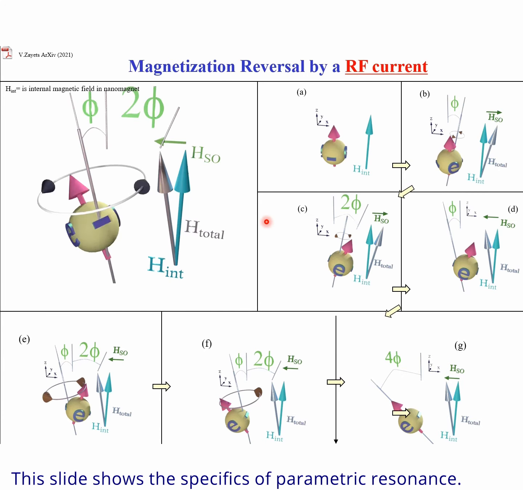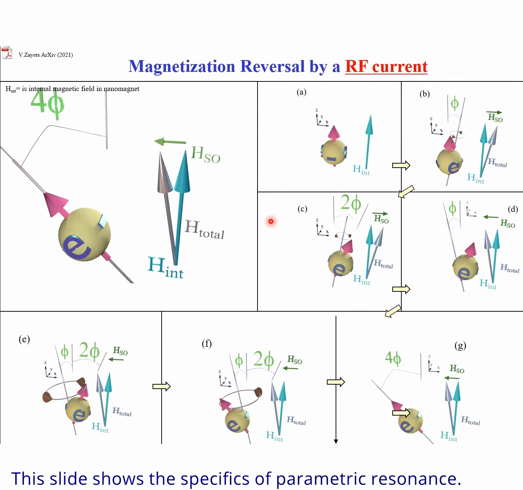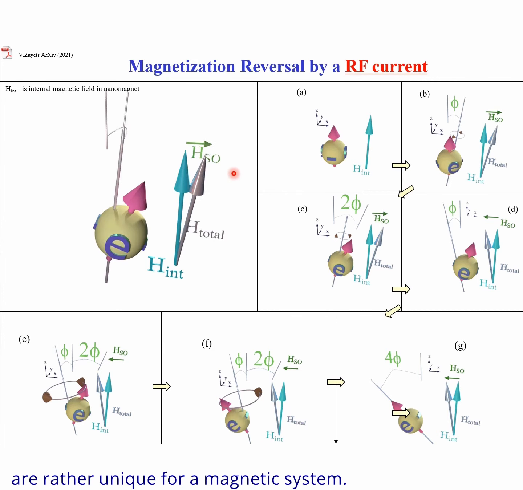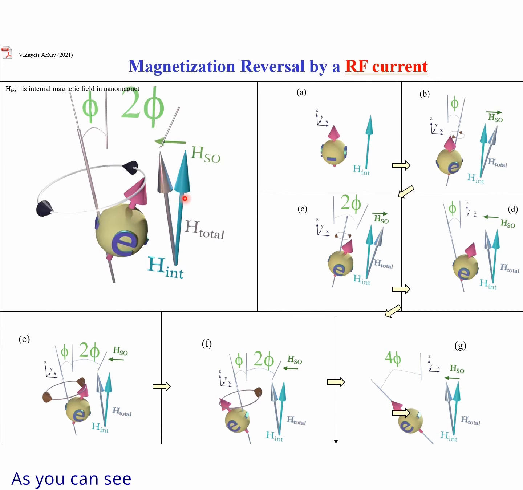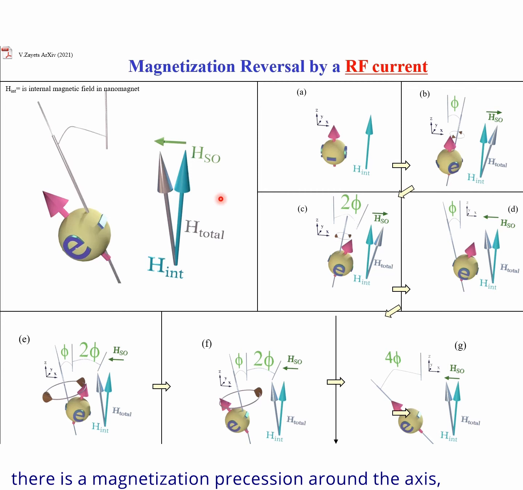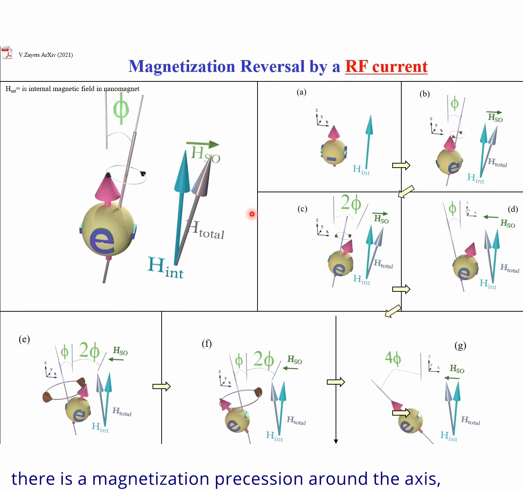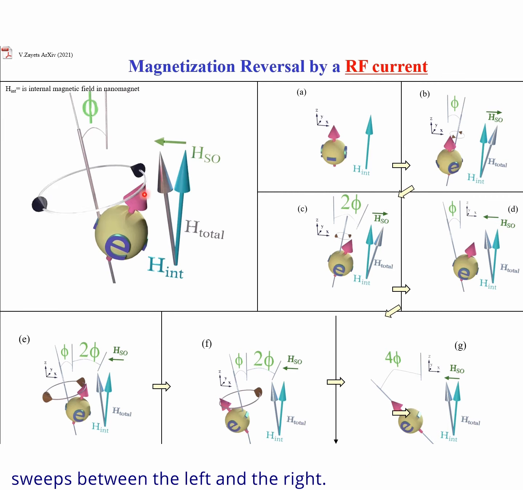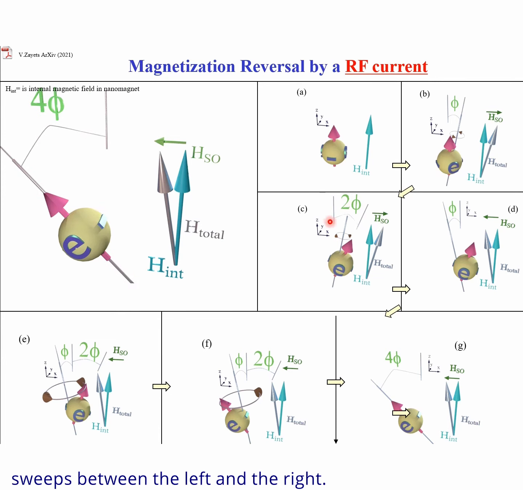This slide shows the specifics of parametric resonance. Features of parametric resonance are rather unique for a magnetic system. As you can see, there is a magnetization precession around the axis whose angle constantly increases and sweeps between the left and right.